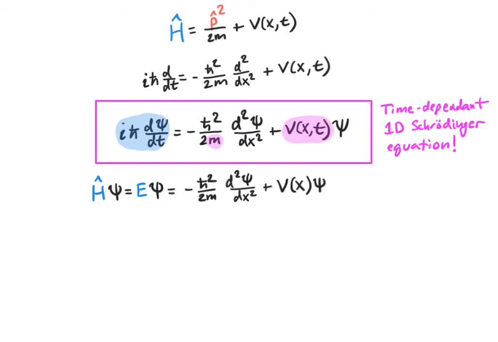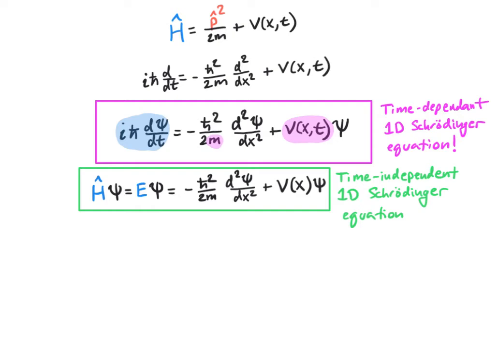And if our system is in equilibrium, it implies that our potential is not changing over time. This is the time-independent one-dimensional Schrodinger equation. It's a lot simpler to deal with since all we have is this one second derivative term, and we do have to worry about this guy over here, but this left-hand side becomes dramatically simpler.